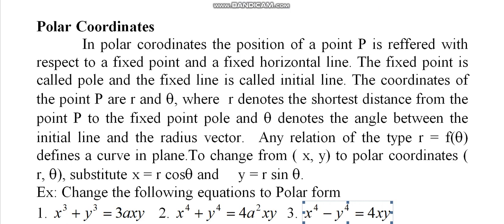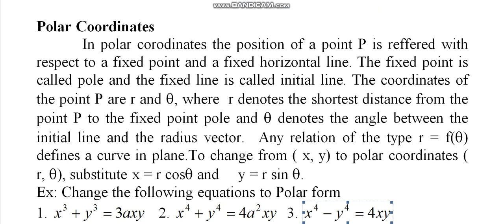It is a fixed horizontal line called the initial line. The starting point of the initial line is called the pole, and it is a fixed point. From that point there is a horizontal line which we call the initial line.